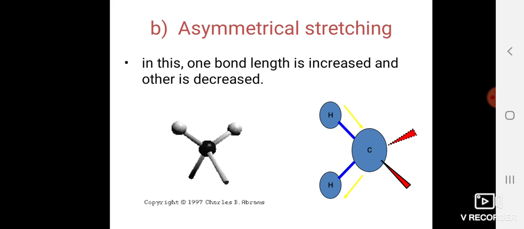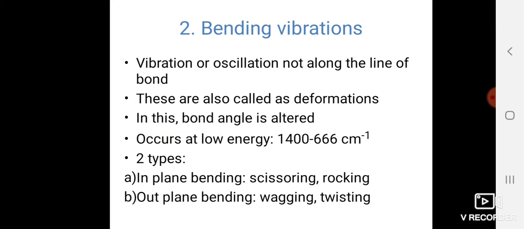Then there is asymmetrical vibration, where one bond gets extended, stretched, and the other bond gets compressed. So the variation in bond length happens such that where one increases, the other decreases. This is asymmetrical stretching. Both kinds of stretching are observed in a molecule.